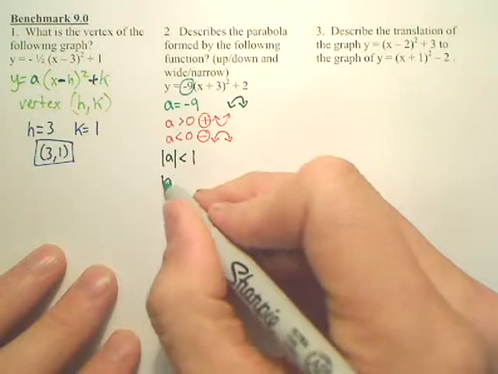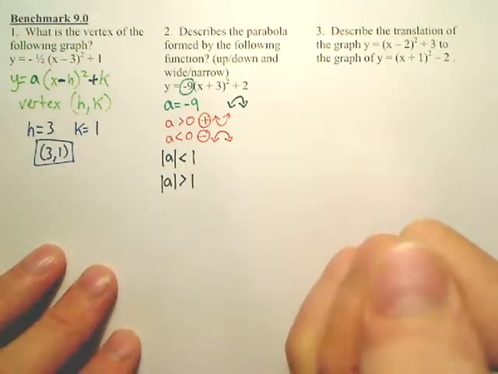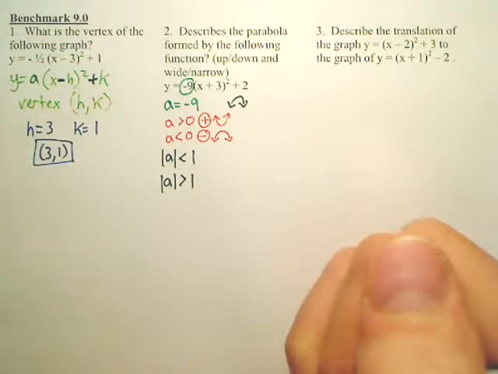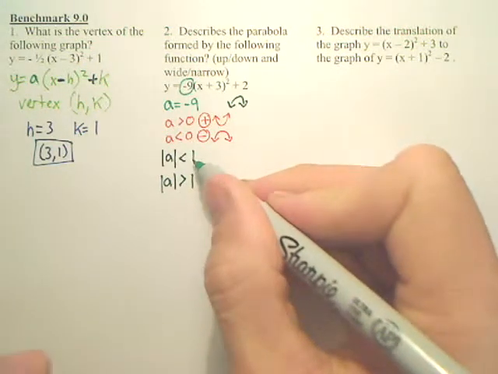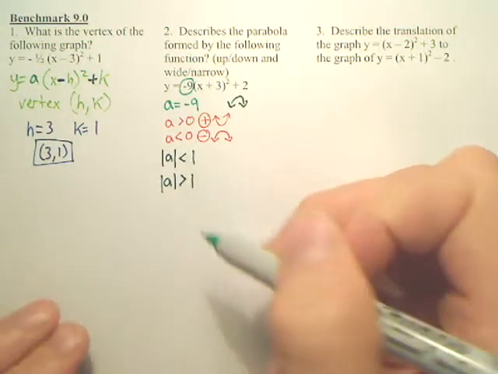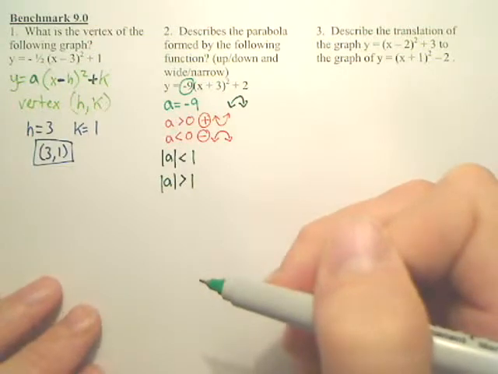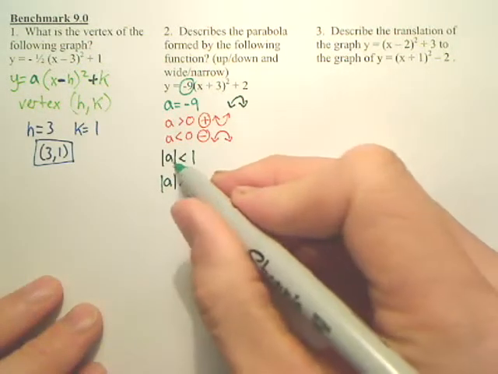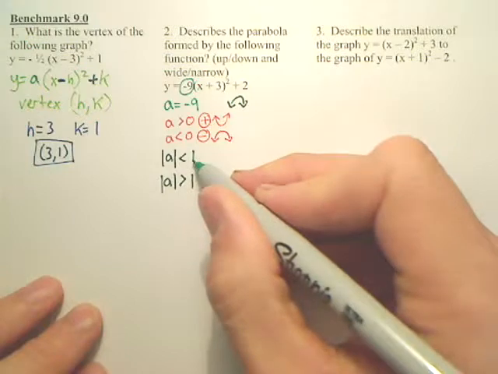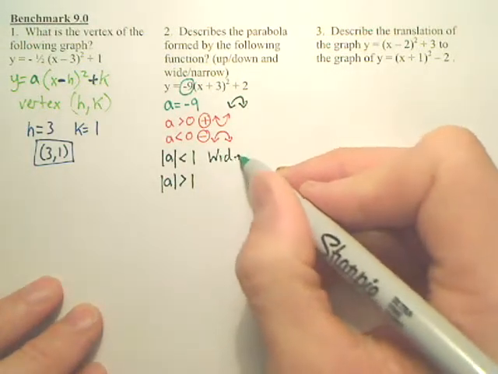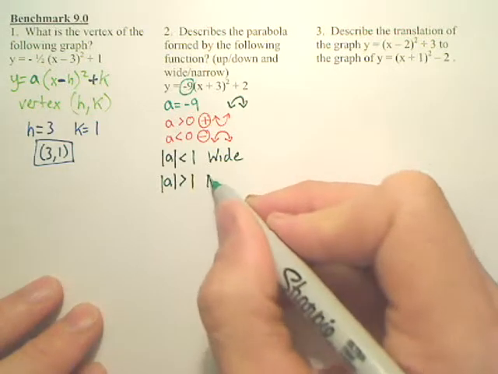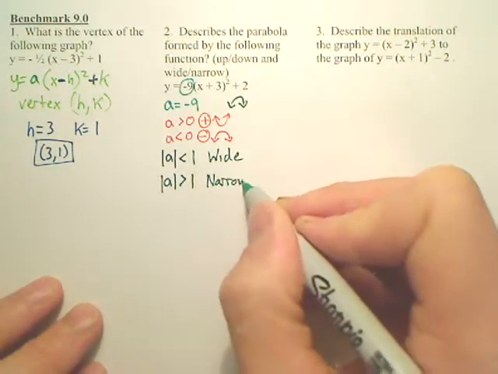If the absolute value of a is greater than 1, it's either wide or narrow. So if it's smaller than 1, which one is it? Wide. If the absolute value of a is less than 1, it is actually wide. If it's greater than 1, it's narrow.